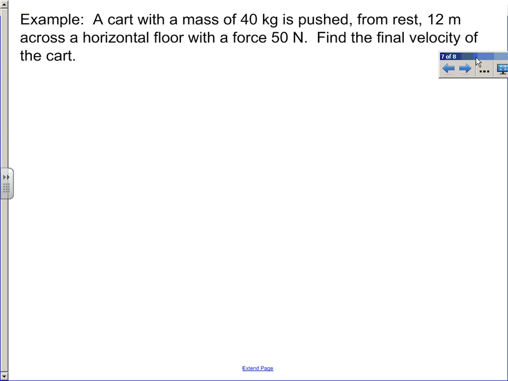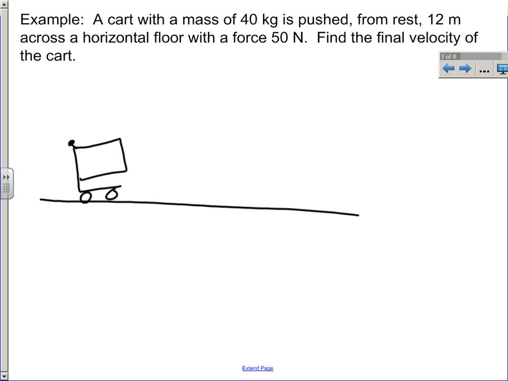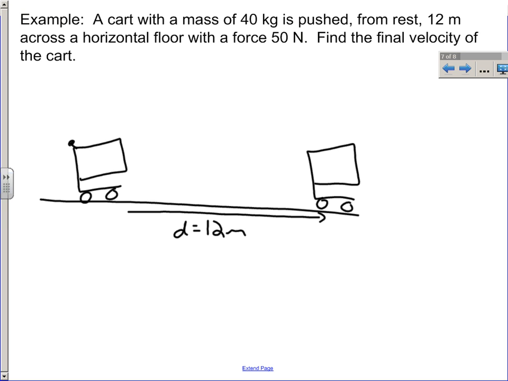Okay, so make your drawing. Here's your cart. Let's say it's a shopping cart. It's going to be pushed this way, a distance of 12 meters to another point, right? So here's what we know. We know the mass is 40 kilograms.